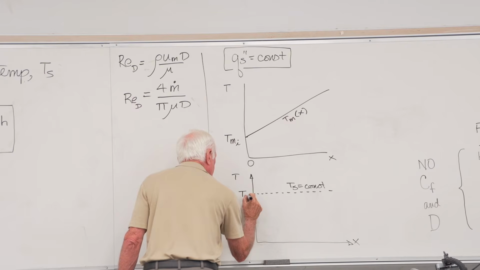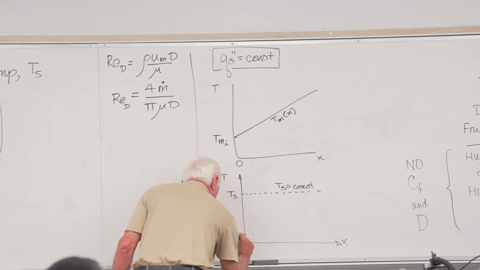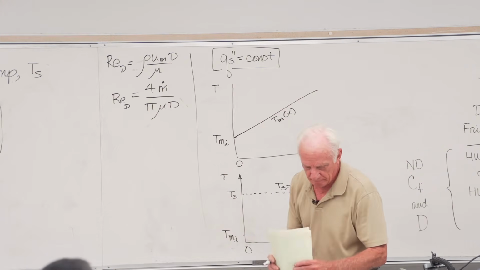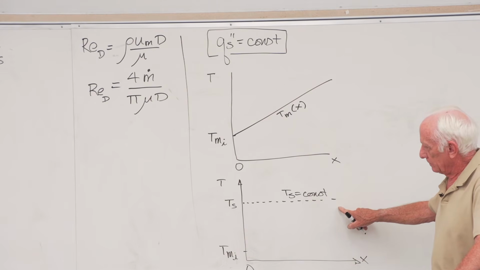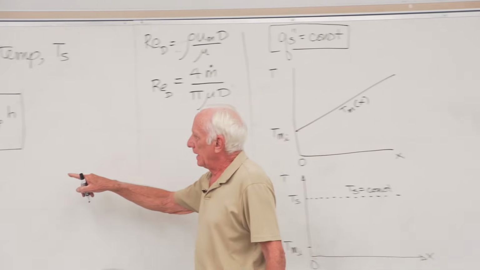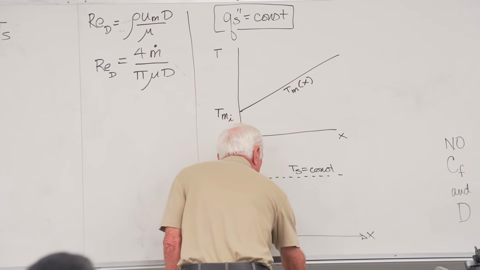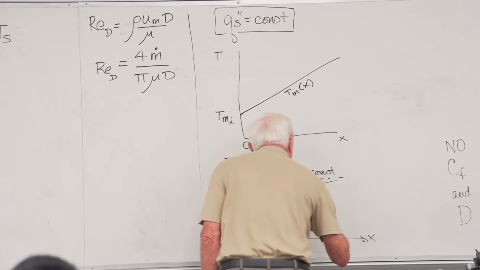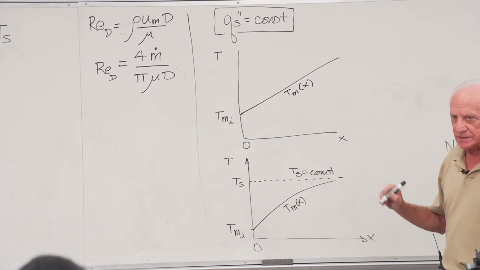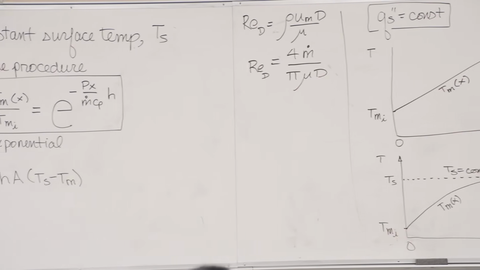Ts equal constant, constant surface temperature. Fluid comes in at the mean inlet temperature. How does it vary? Exponentially. So there's our two temperature profiles that go along with those two boxed equations over there.